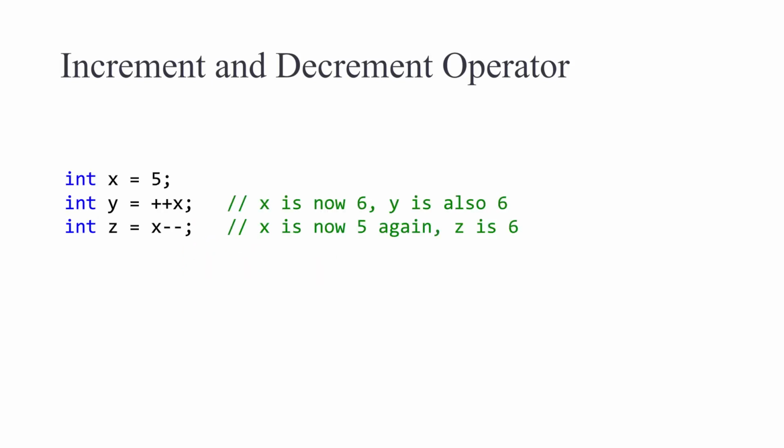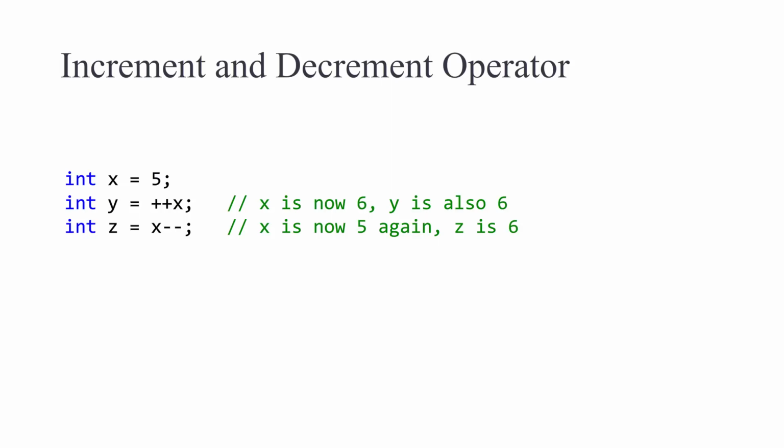The increment and the decrement operators can be used in several ways, depending on where they are placed in the expression. For example, the ++x statement increments the value of x by 1 before assigning it to y.